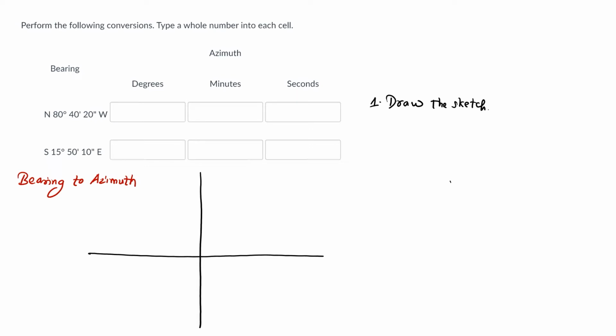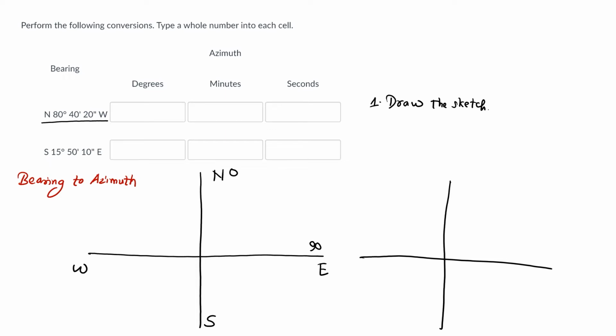Let me try to solve these two problems simultaneously. The first one is north, this angle west. Let me write here north, south, east and west, 0, 90, 180 and 270 degrees.